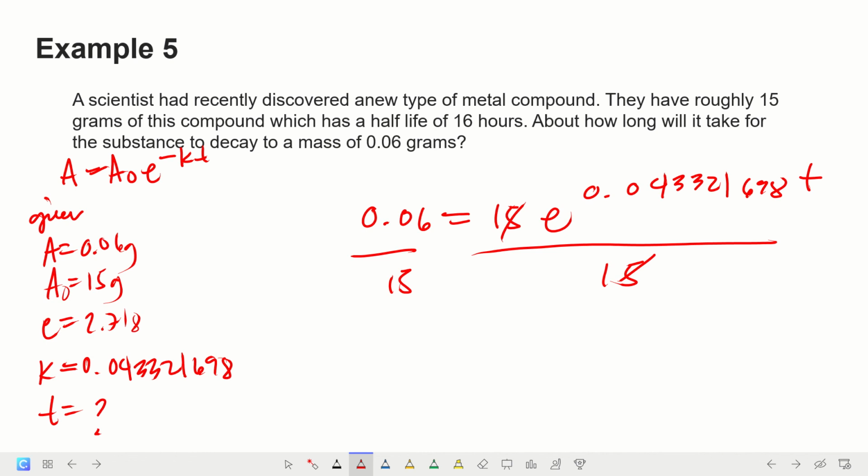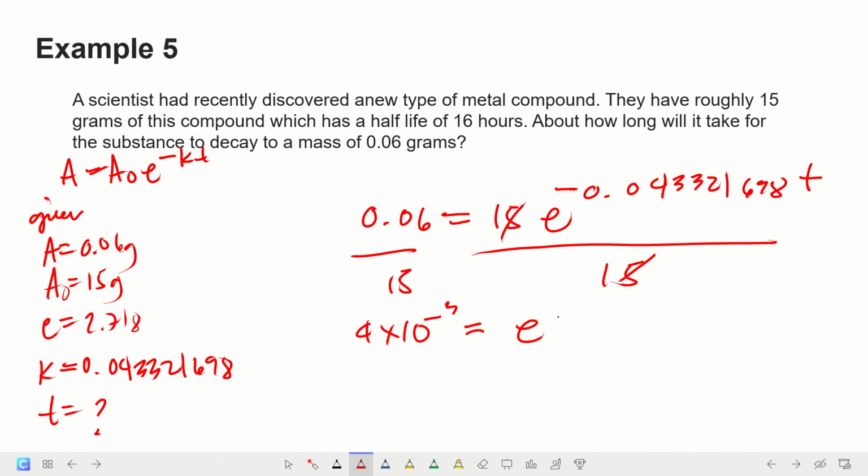So, we'll have 0.06 divided by 15 is equal to 4 times 10 raised to negative 3 is equal to e. So, this should be negative because it is a half-life, so multiplied by negative.